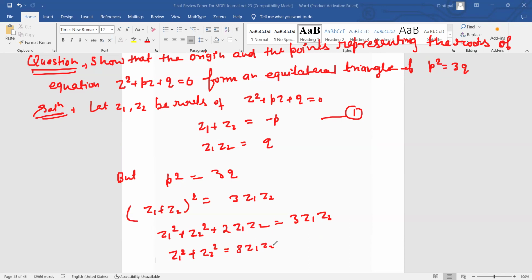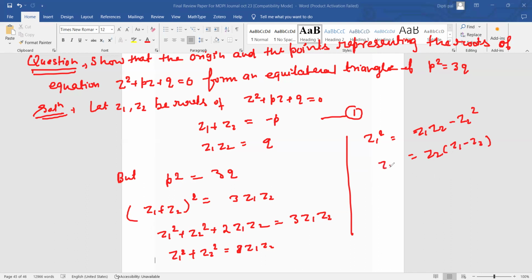Okay, so if you want to find Z1 square, Z1 square will be simply Z1 Z2 minus Z2 square. So from here we can take Z2 as common, so we get Z2 times Z1 minus Z2.